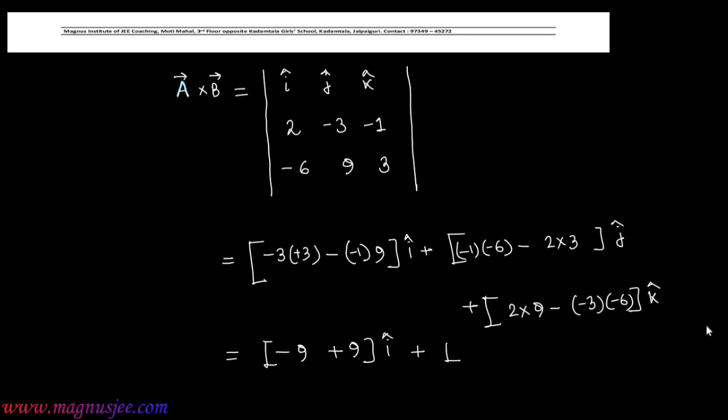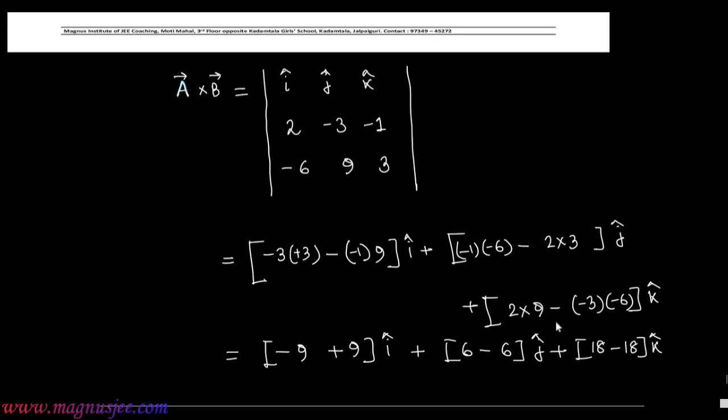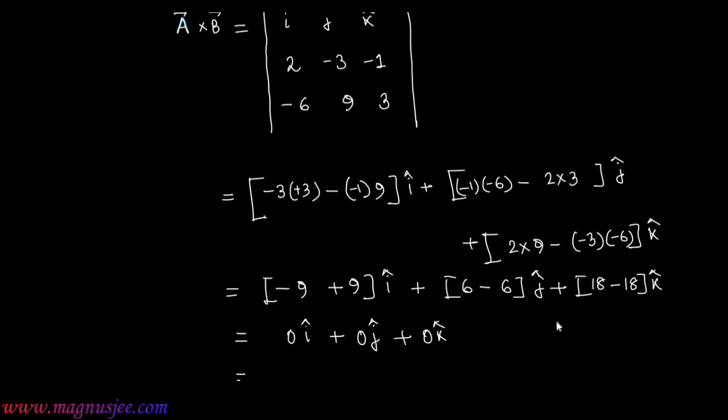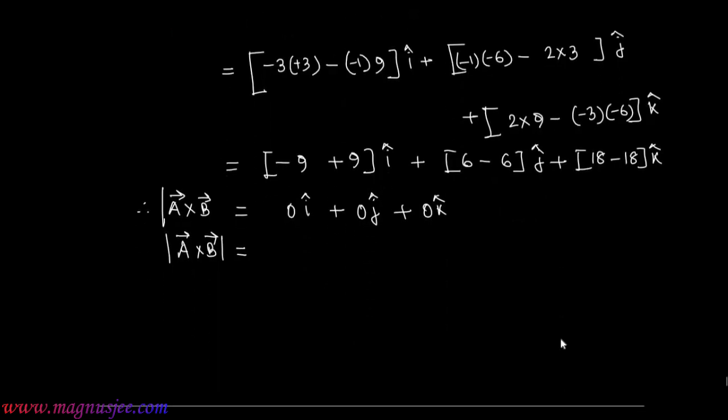We get minus 9 plus 9 i cap, then 6 minus 6 j cap, plus 18 minus 18 k cap, equal to 0 i cap plus 0 j cap plus 0 k cap. Therefore, vector A cross vector B is equal to 0 i cap plus 0 j cap plus 0 k cap.